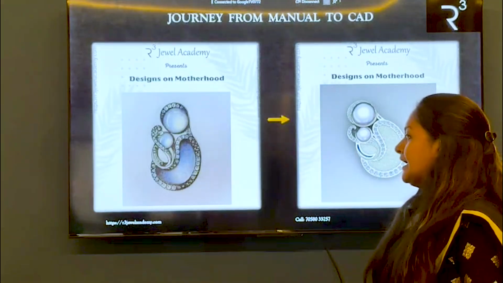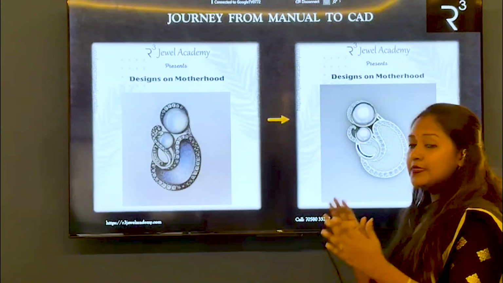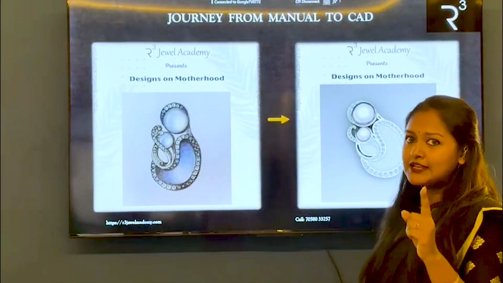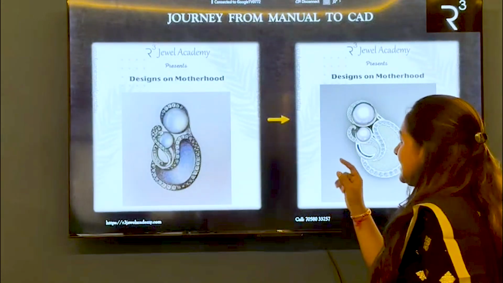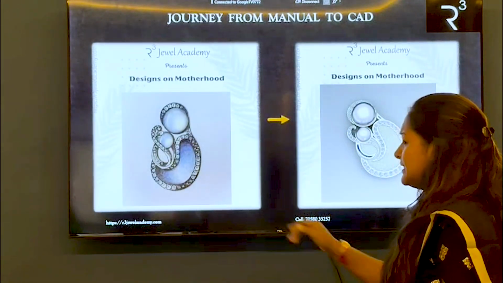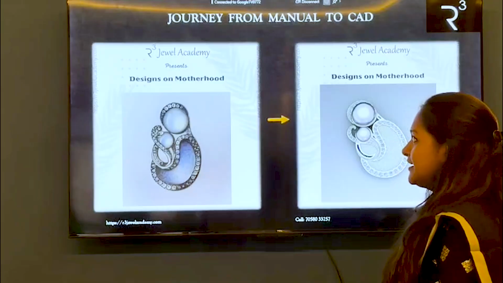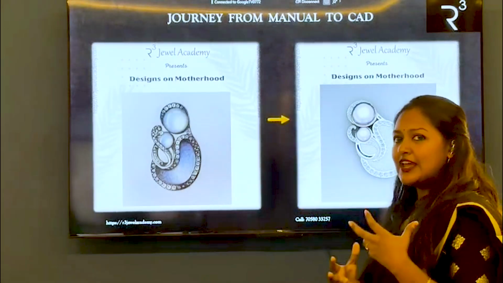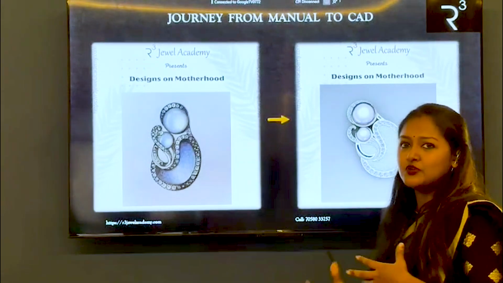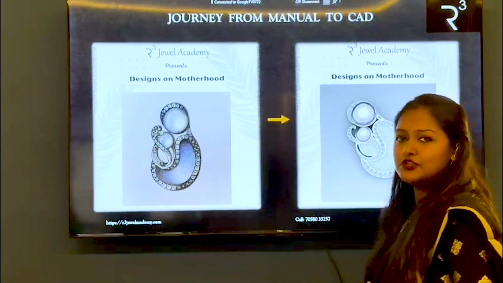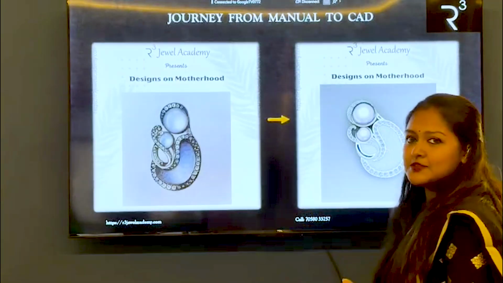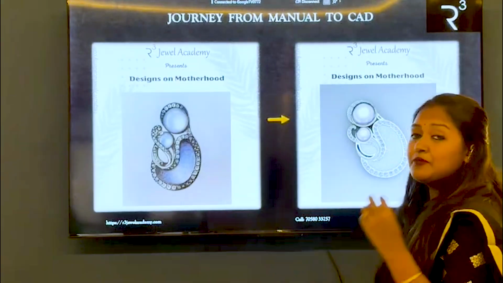Now, here you will get to see the conversion from manual to CAD, but on concept. This is on motherhood. In this design, everybody can understand that here a mother is sharing the love, the care, the affection with the child. 2 pearls have been used here, a bigger pearl and a smaller pearl, and the color white has been kept here just to keep the purity.